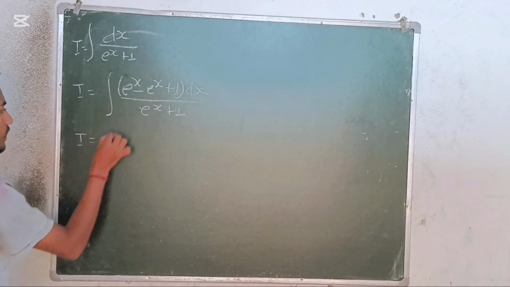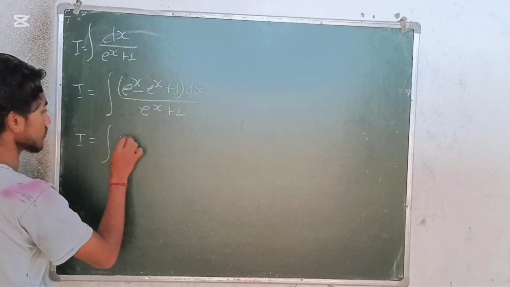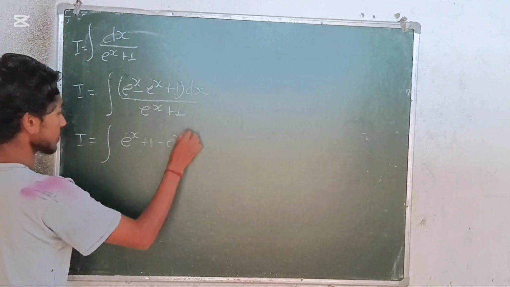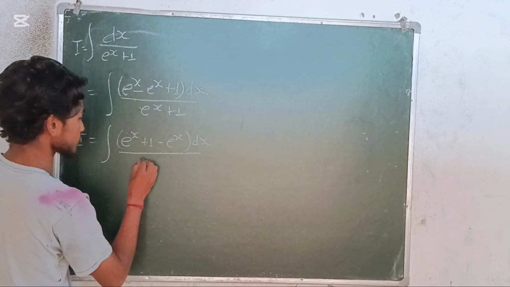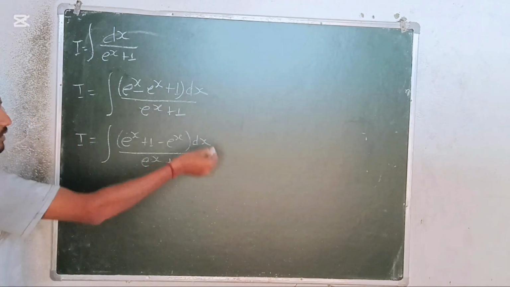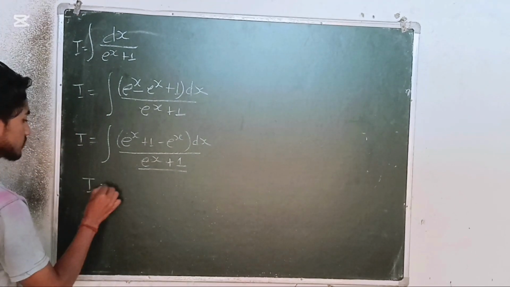So I is going to be the integral of (e^x plus 1 minus e^x) dx over e^x plus 1. So what I'm going to do now is separate the denominator term into each individual integral.